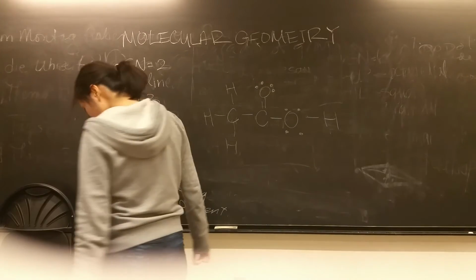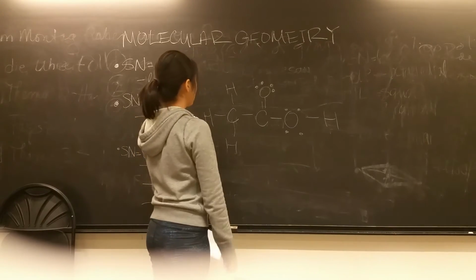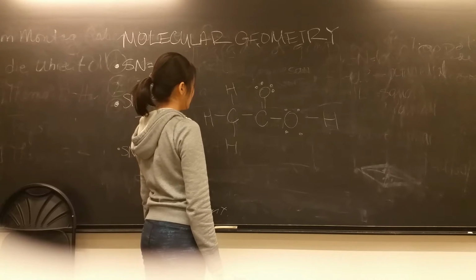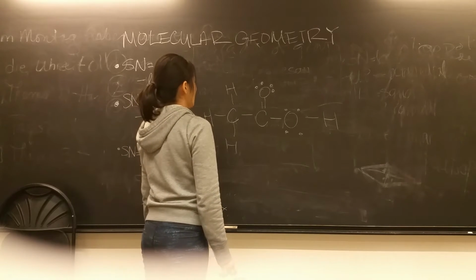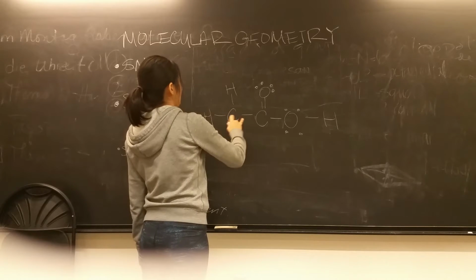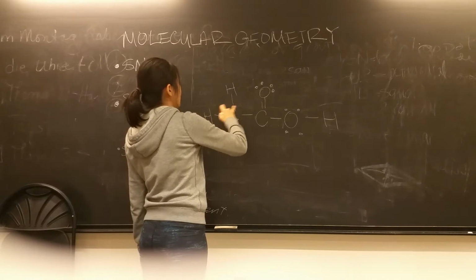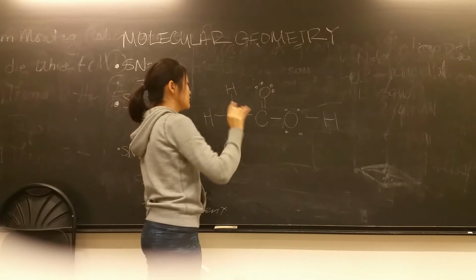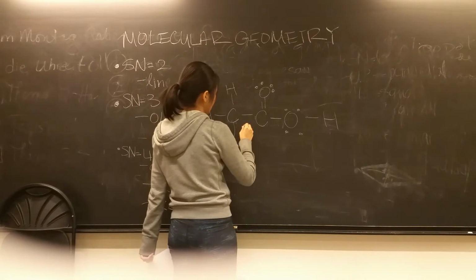And I am right. Okay, cool. So then around this carbon, it's going to be steric number 4, yes? Steric number 4, no lone pairs, this is tetrahedral.